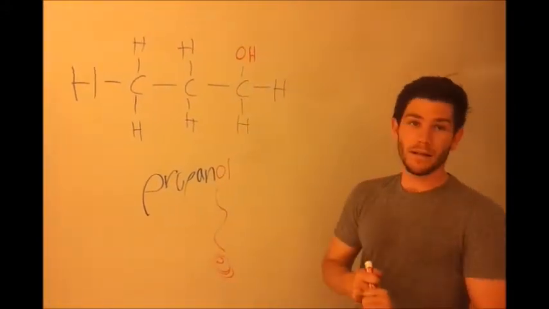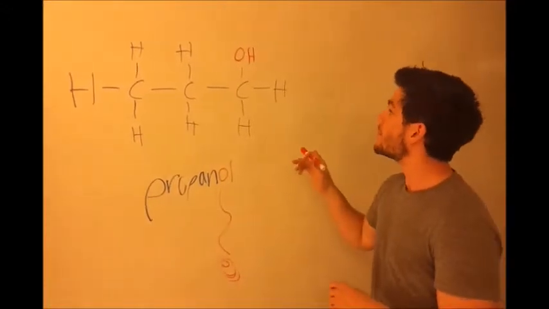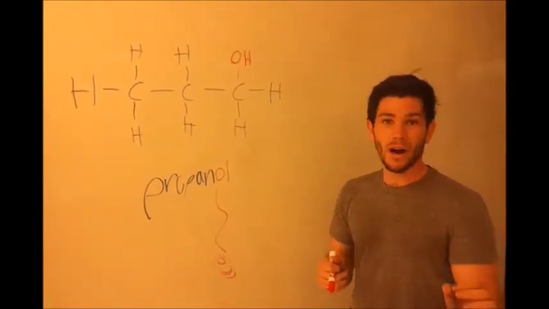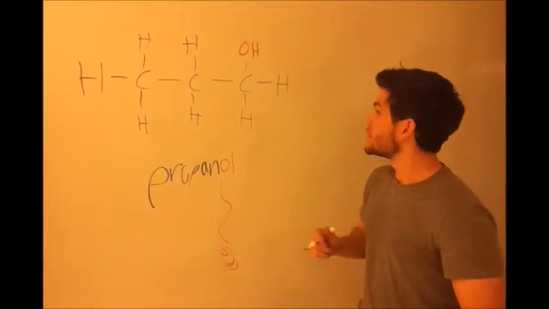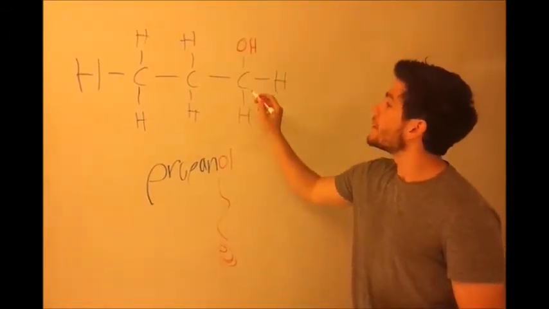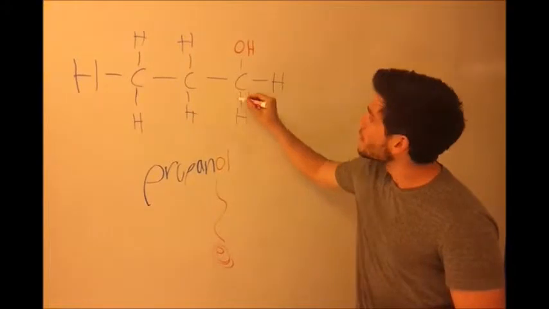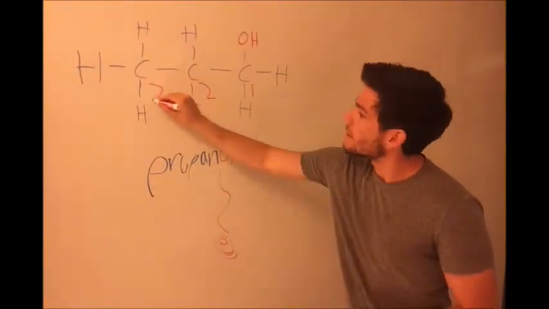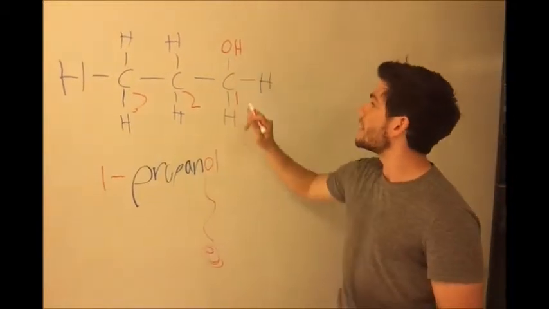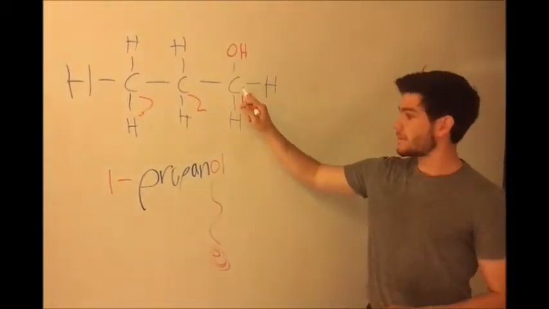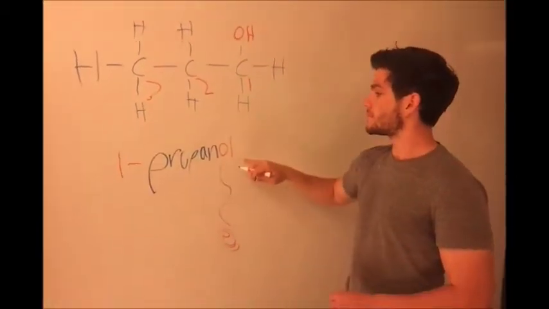So when numbering the carbons, you number from the end carbon of the parent chain closest to the hydroxyl group. So this would not be 1, 2, 3, but instead it would be 1, 2, 3. In this case, it will be 1, because it's located on this carbon: 1-propanol.